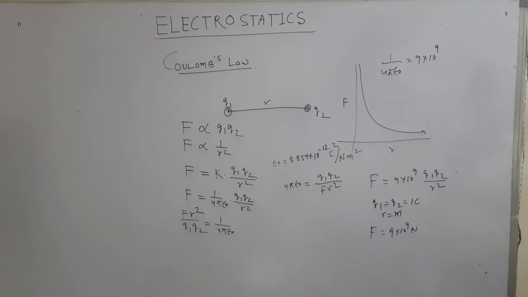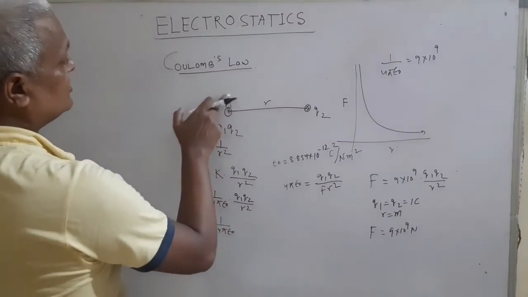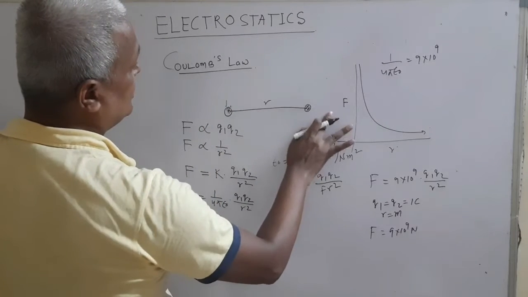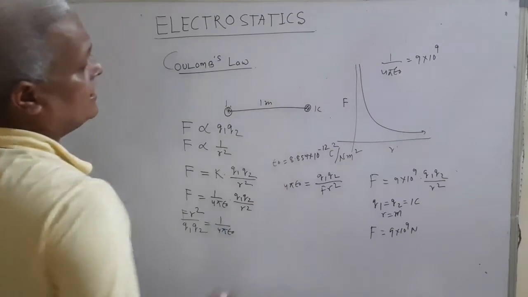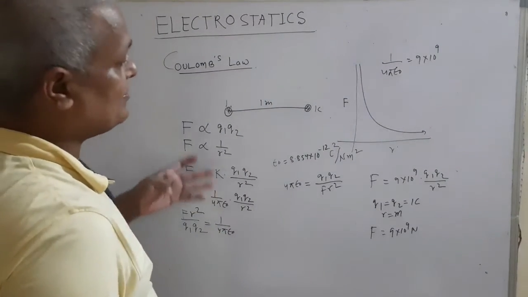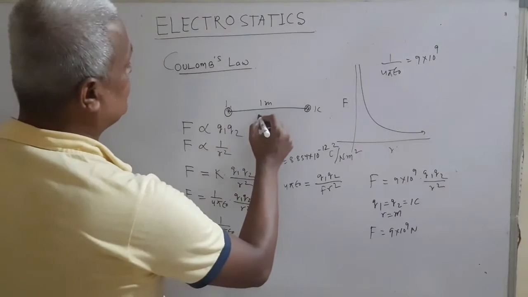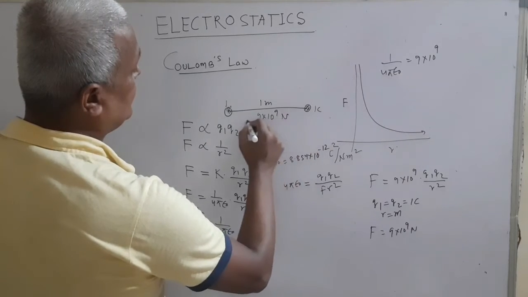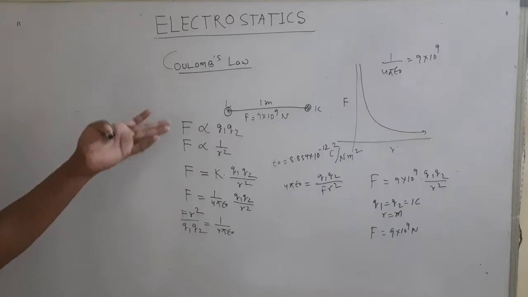This means that when two charged bodies, both having charges of 1 coulomb each, are separated by a distance of 1 meter, they will repel or attract depending on the nature of their charges by a force of magnitude 9 into 10 to the power 9 Newton. This is the idea of this force.